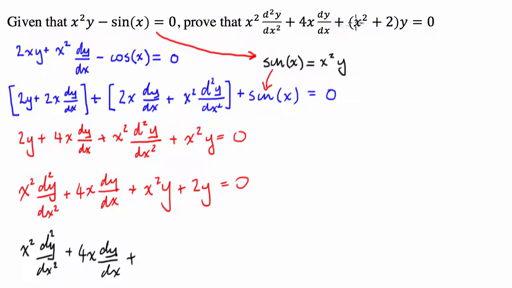Now usually I put the y in the front of the bracket, but because in the question they've got the y at the back, I'm just going to make sure that my final equation has the y at the back. And what we can see here is this matches this.